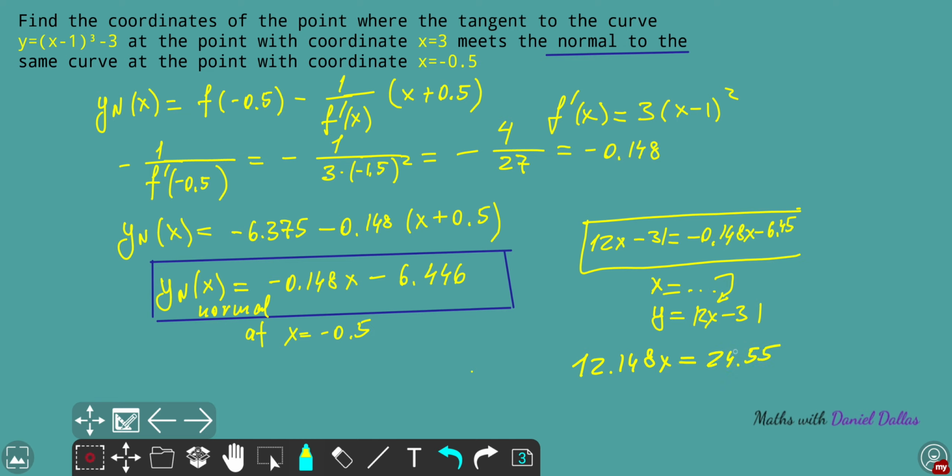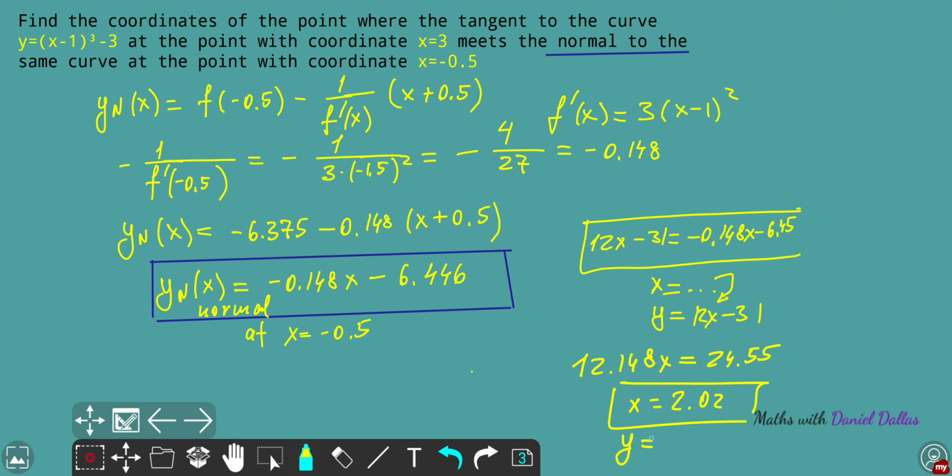From there we can establish the value for x, so we simply need to divide this value by 12.48. So we'll get, rounded, x equals 2.02, and then if we plug back instead of y, we can get the y coordinate of this point.